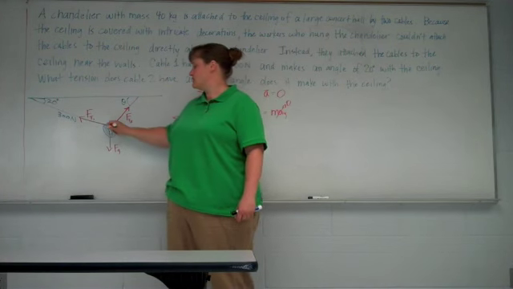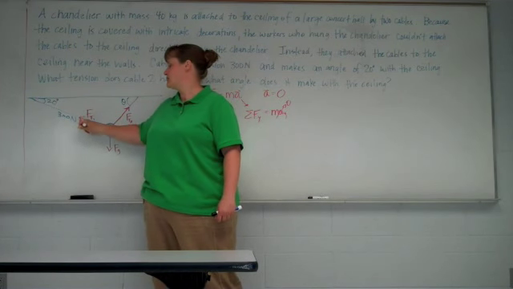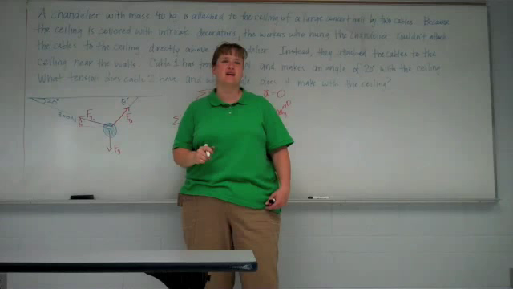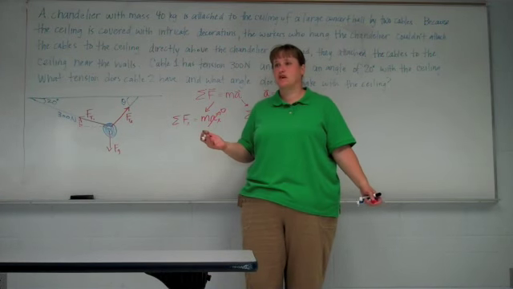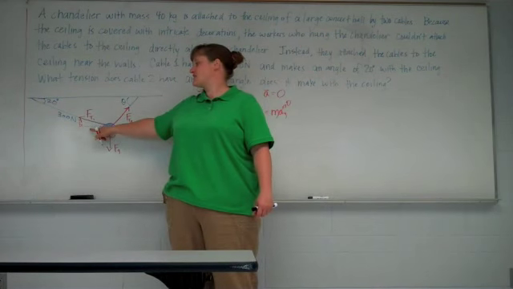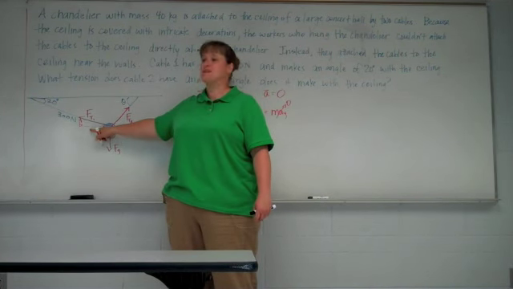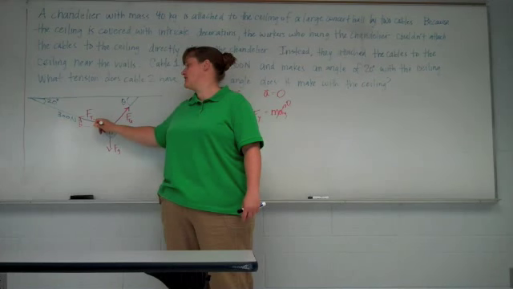Force of tension 1. It has an x component and a y component. The x component and the y component meet at a right angle. Just vectors. We know vectors. We've been using vectors all along. What will the x component of force of tension 1 be? Our angle 20 degrees is right here.